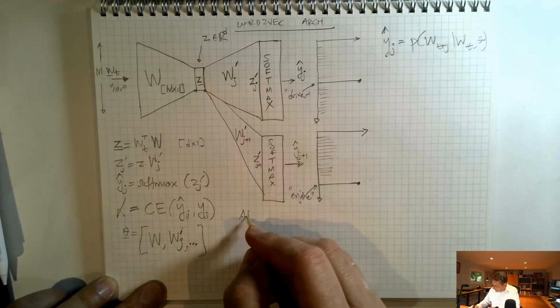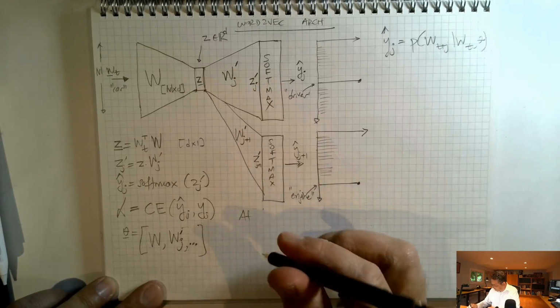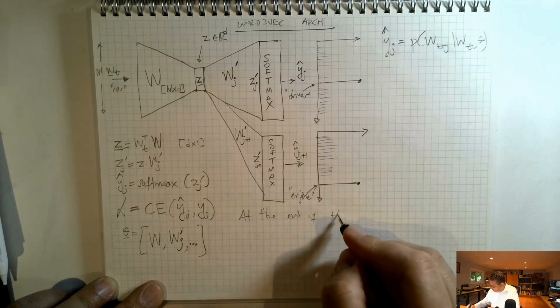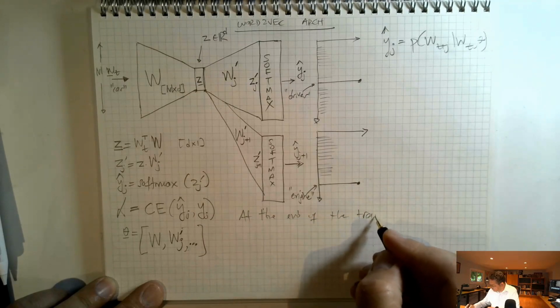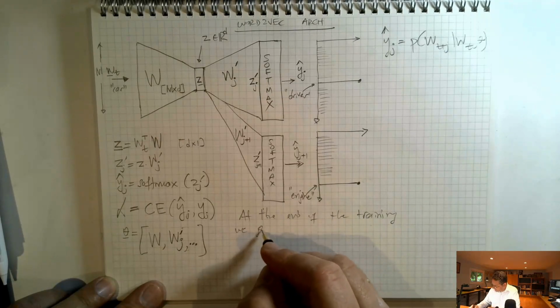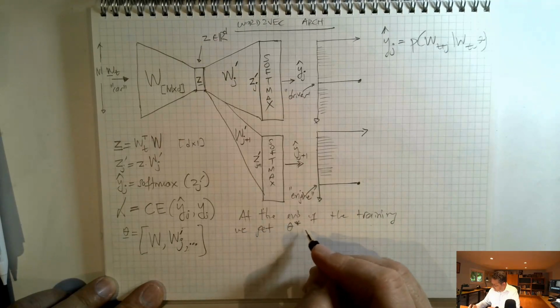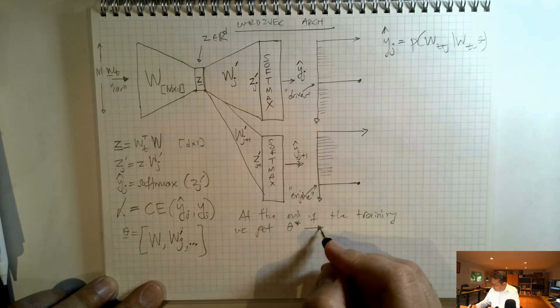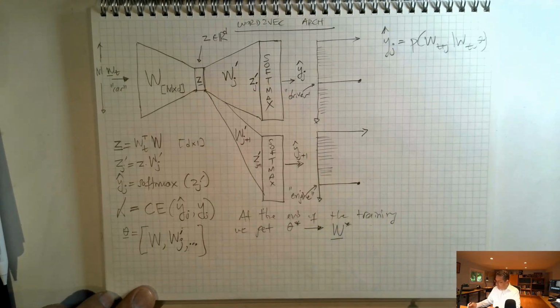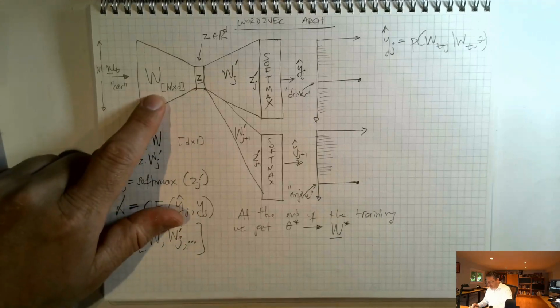So let me write down at the end: we get the theta star. From the theta star, of course, we get the W star. And it's really this W star that we are going to store. We are not really concerned about anything over here other than the W matrix.